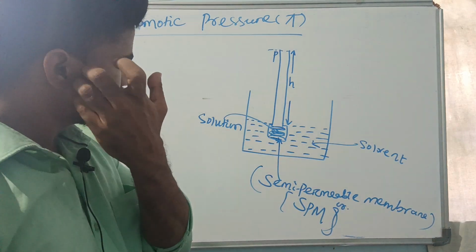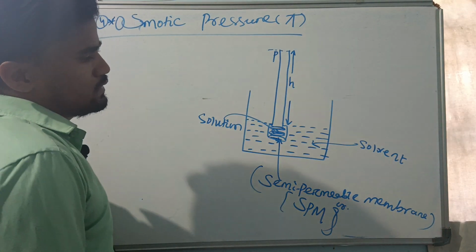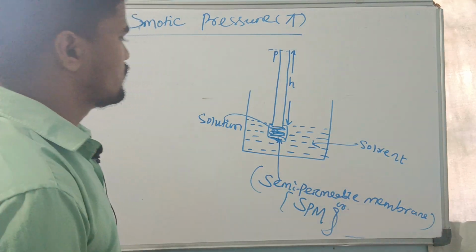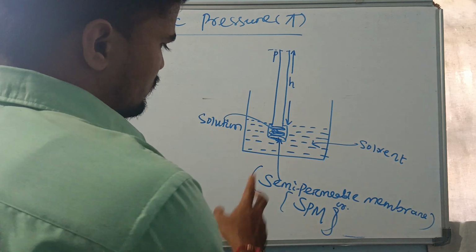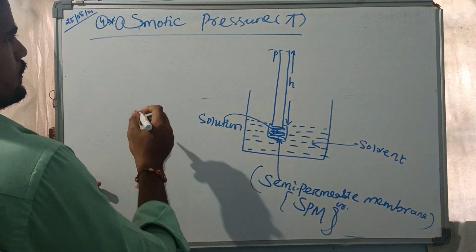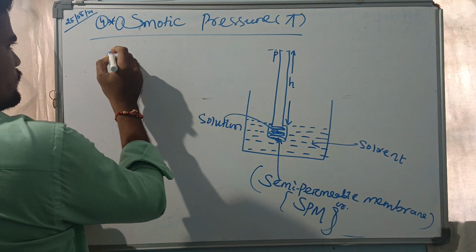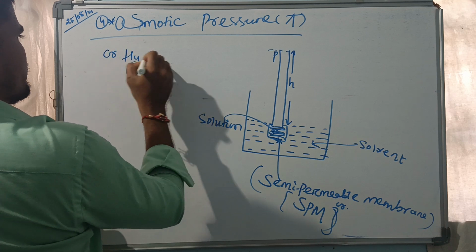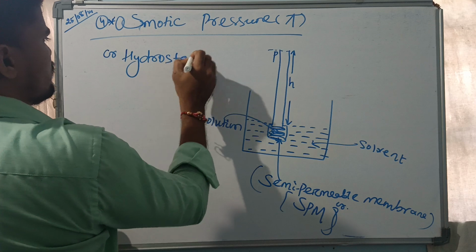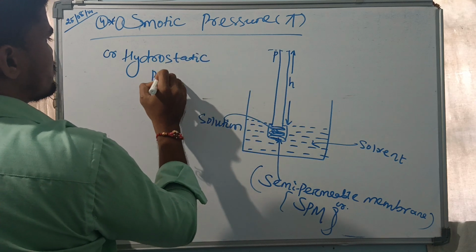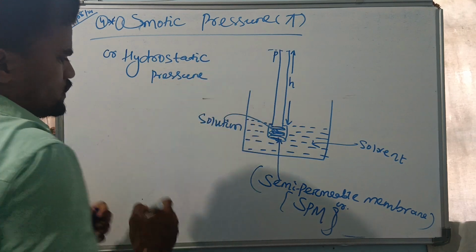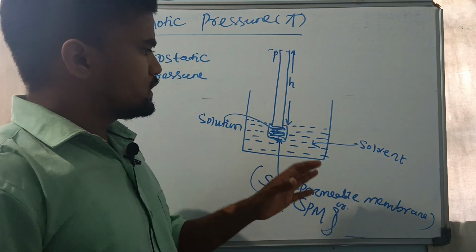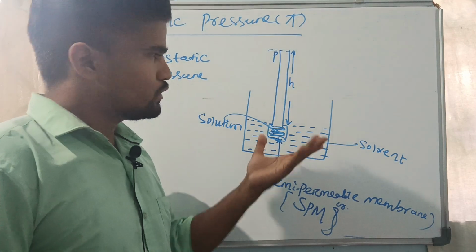But the solvent always flows into the solution only. This is called hydrostatic pressure; osmotic pressure is also called hydrostatic pressure, which develops in the solution as the solvent proceeds into the solution through the pipe.